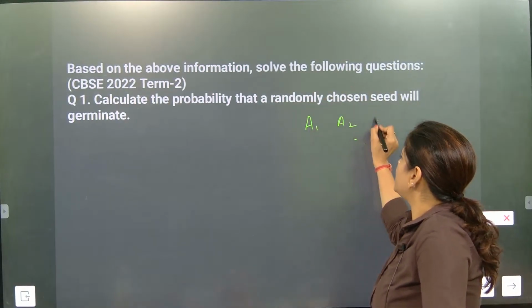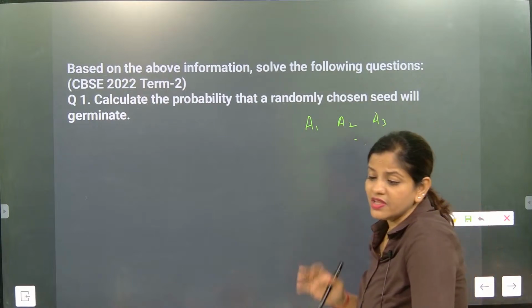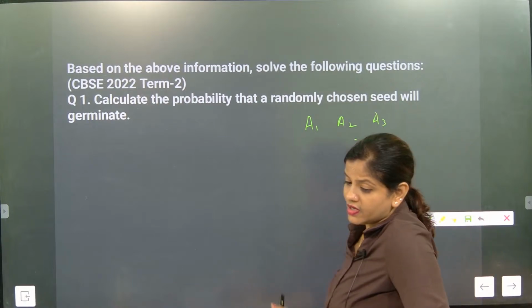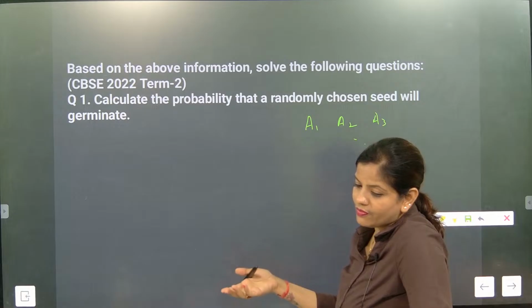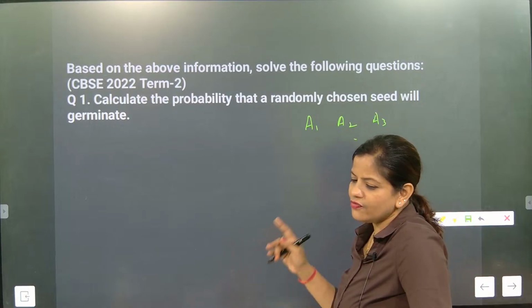A1, A2, A3. But they have given their ratios. A ratio is more difficult than a fixed quantity. I think it is 4 is to 4 is to 2.